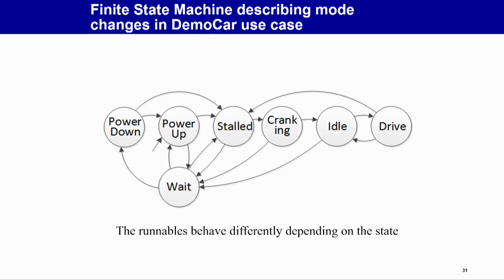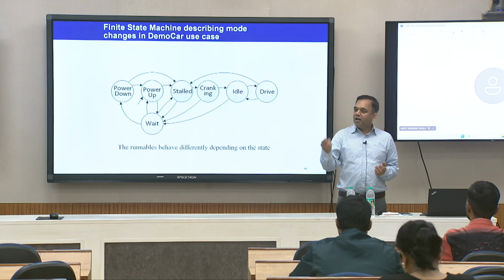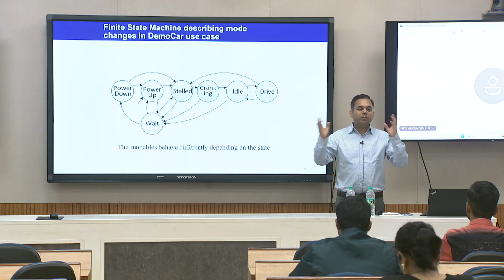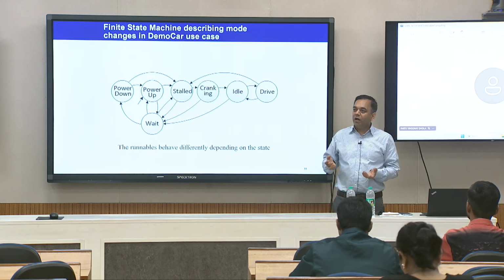Let me try to explain how car operations are defined into different modes. When you want to drive your car, first you go near it and unlock it. That's one mode of the car, let's say mode 1.